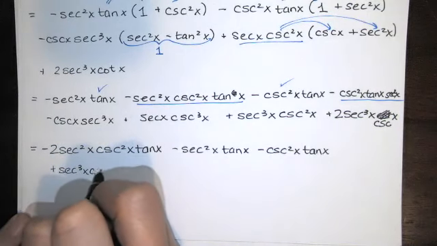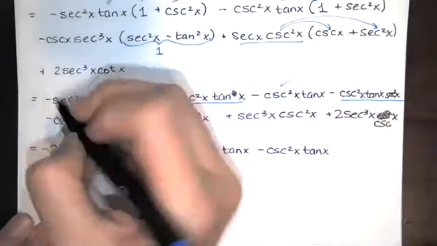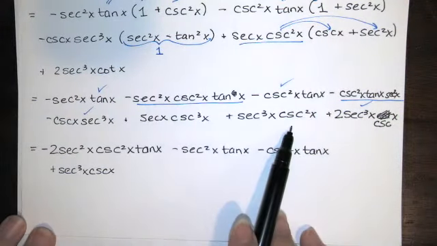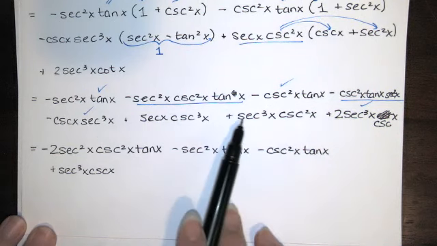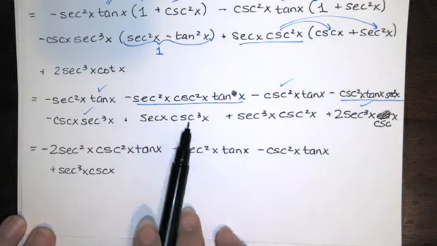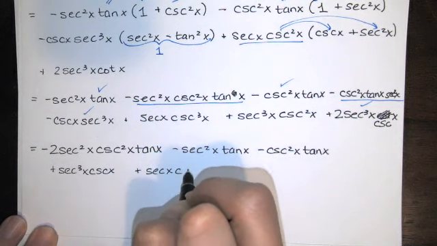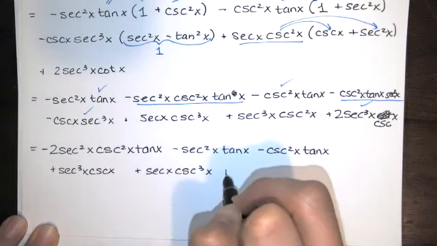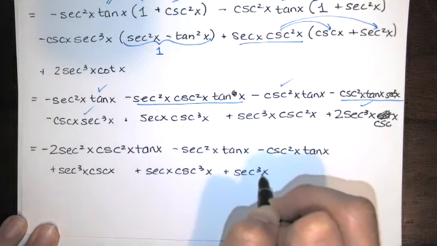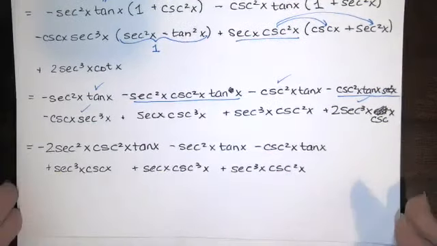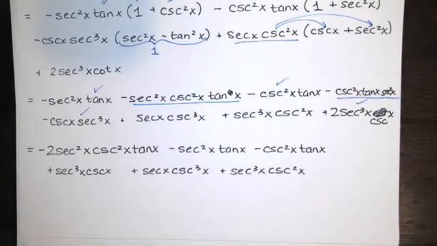Secant cubed x times cosecant of x. Bam. And then here, they look similar, but they're not the same actually. I've got a secant times cosecant cubed plus secant cubed times cosecant squared. Of course, with angles. Okay.